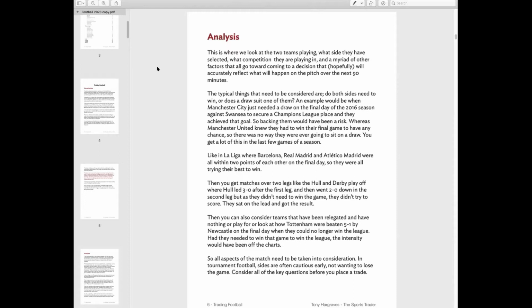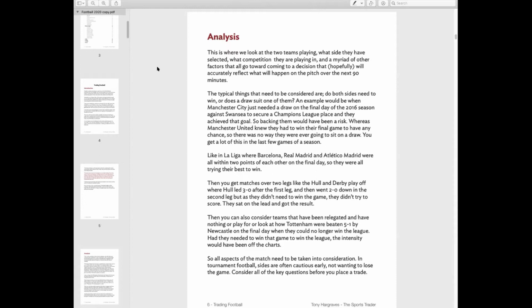If 65% of games in that price bracket did in fact go over, then you've probably got a great back bet. If it turned out to be 35% or 40% or even up to 45% of games, then you think, well, no, it doesn't happen as often as the price suggests, and it would be a lay bet.